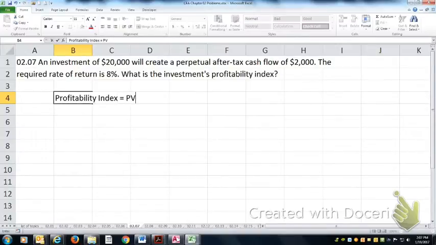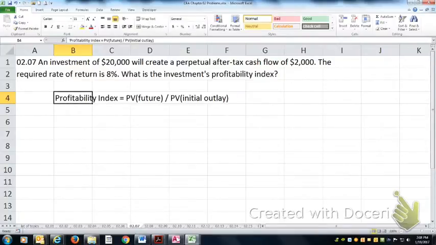is equal to the present value of future cash flows divided by the present value of the initial outlay. The initial outlay's present value, since it occurs at time 0, is the same as the nominal amount.